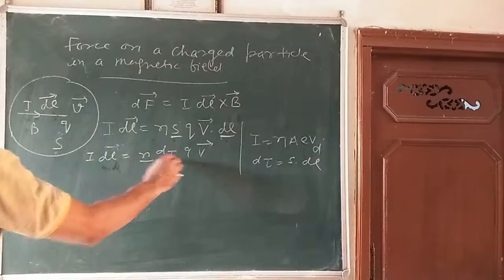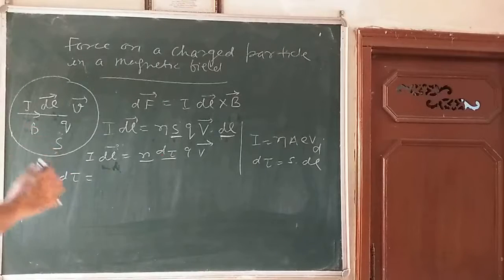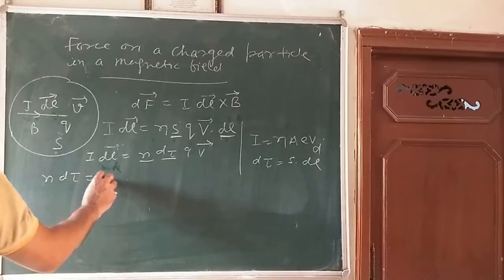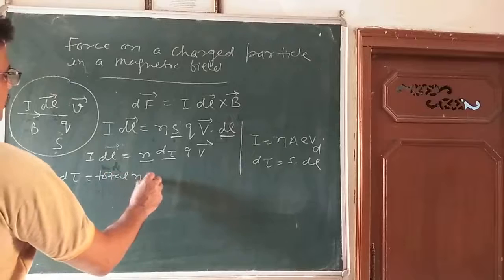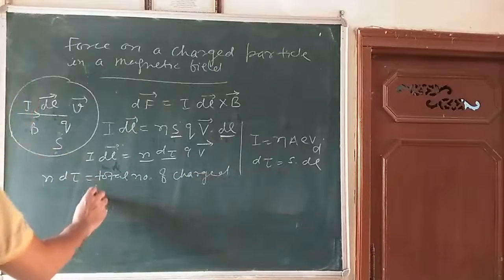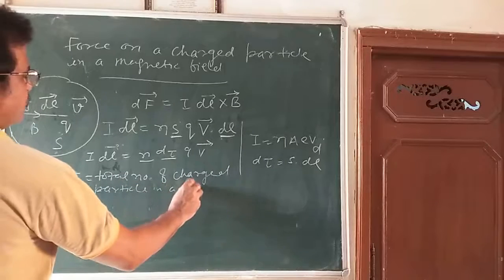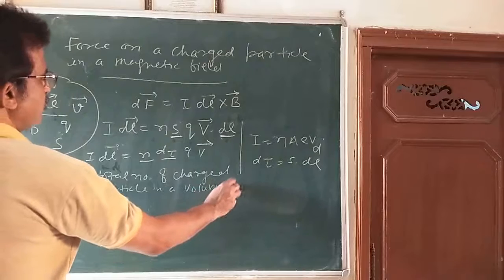And n dv, that is the total number of charged particles in a volume. Here is the total number of charged particles in a volume dN.